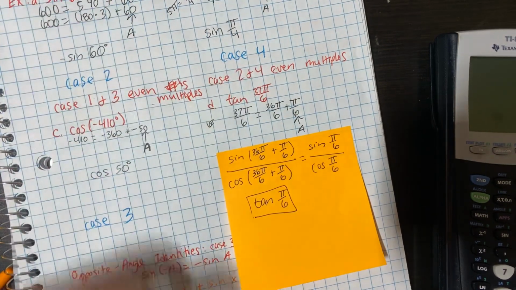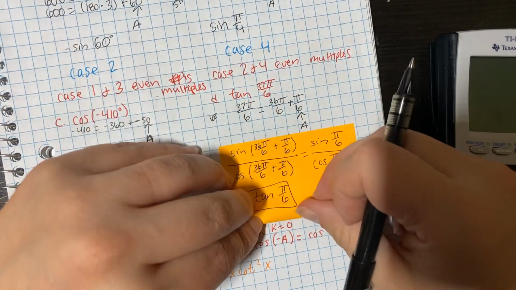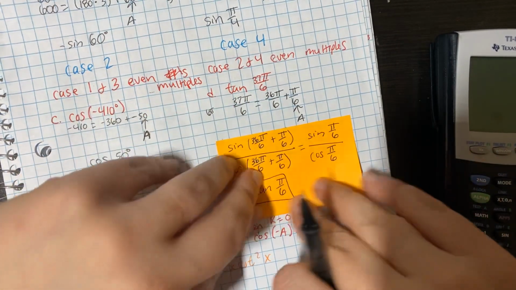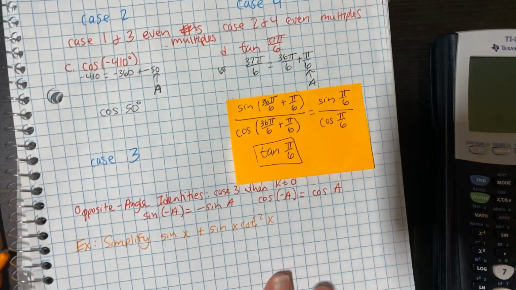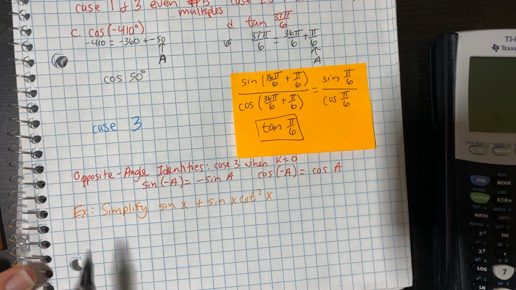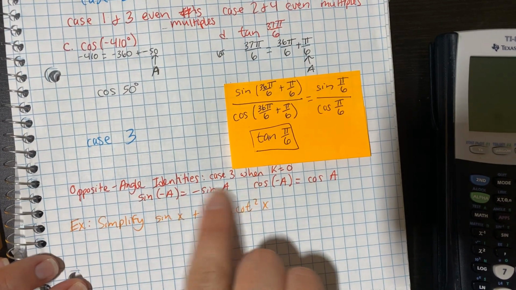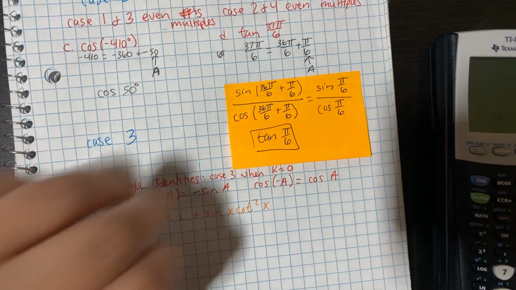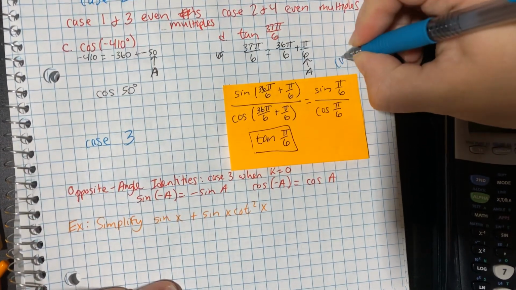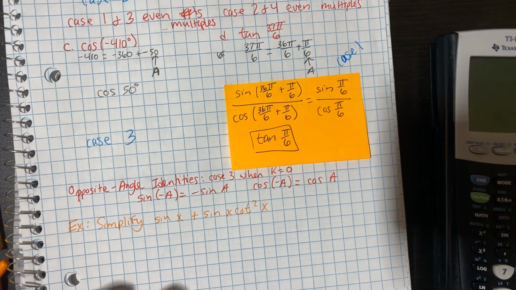Okay, take those away. Let's fold under my note. That's redeeming my mistake. Okay, there we go. Okay, next one is the opposite angle identity. This is like case 3. I got rid of my case 1 for you.